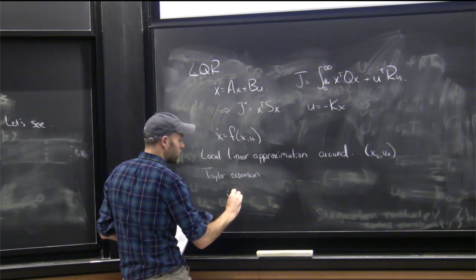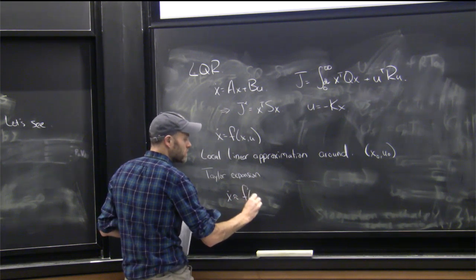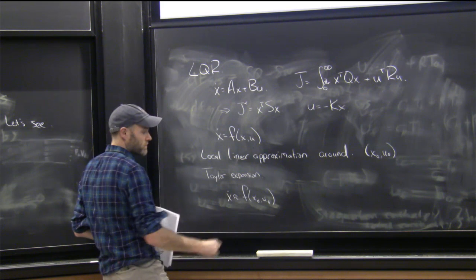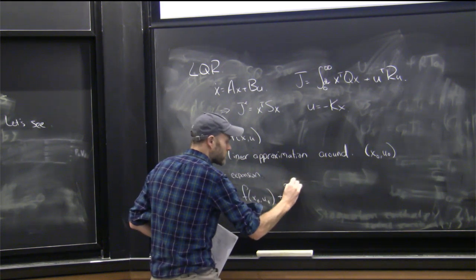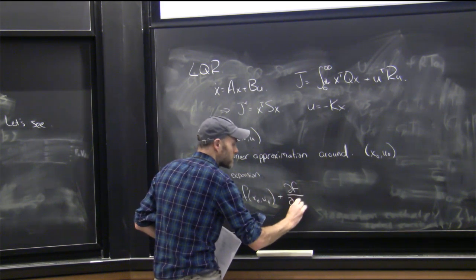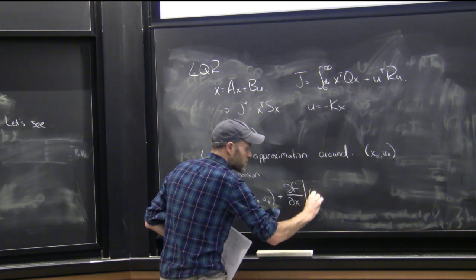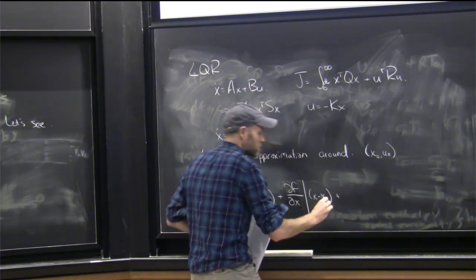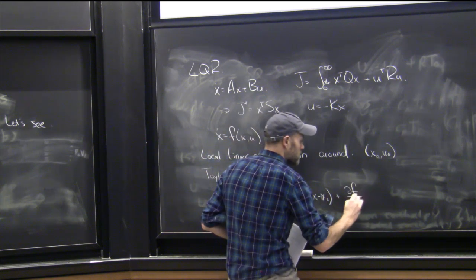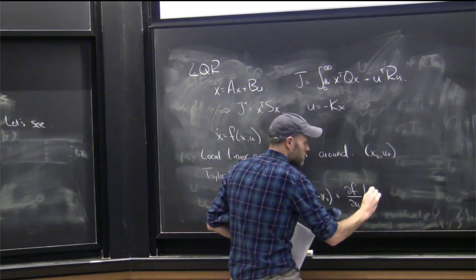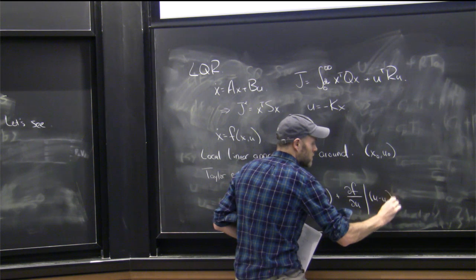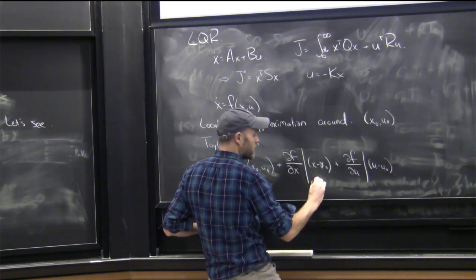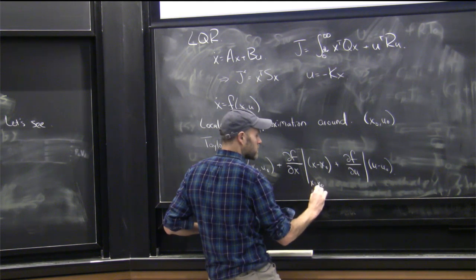So x dot is approximately equal to whatever it was at that operating point, plus the first-order approximation, where those partial derivatives are evaluated at the operating point.